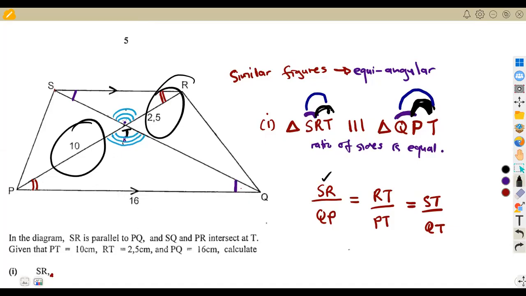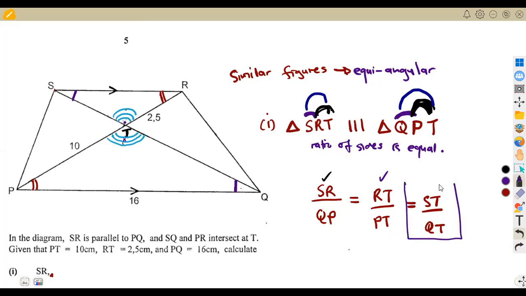So let us check this one, RT. Are we having RT? R to T we have, PT from P to T we have. So this one, we can relate it. ST, from S to T, we don't have anything. From Q to T, we don't have anything. So this ratio is useless for us to work with. We are going to leave it like that, all right?